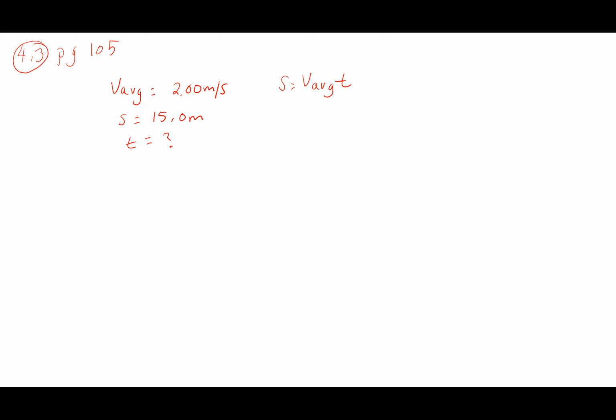So we need to solve for time. So you're going to multiply both sides by V average. So let's just write this out. S equals V average times time. So multiply both sides by V average. That's going to cancel. So T is going to equal S over V average.